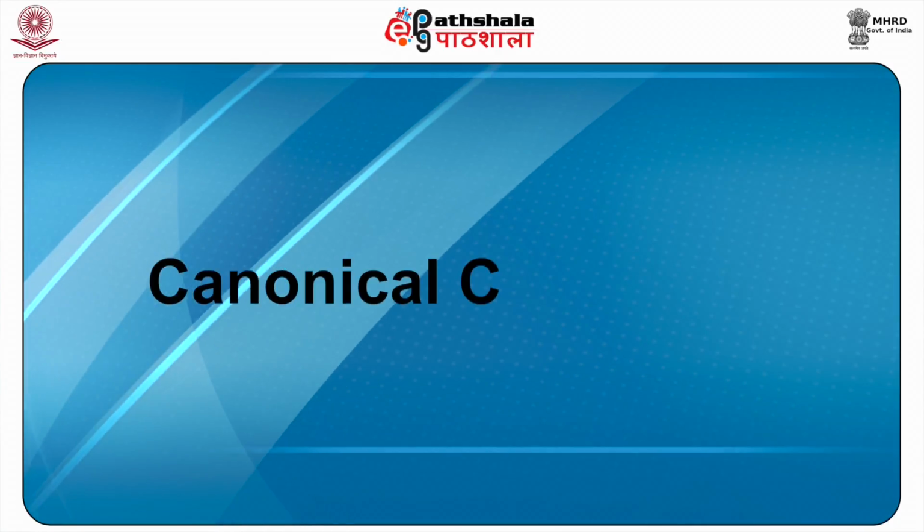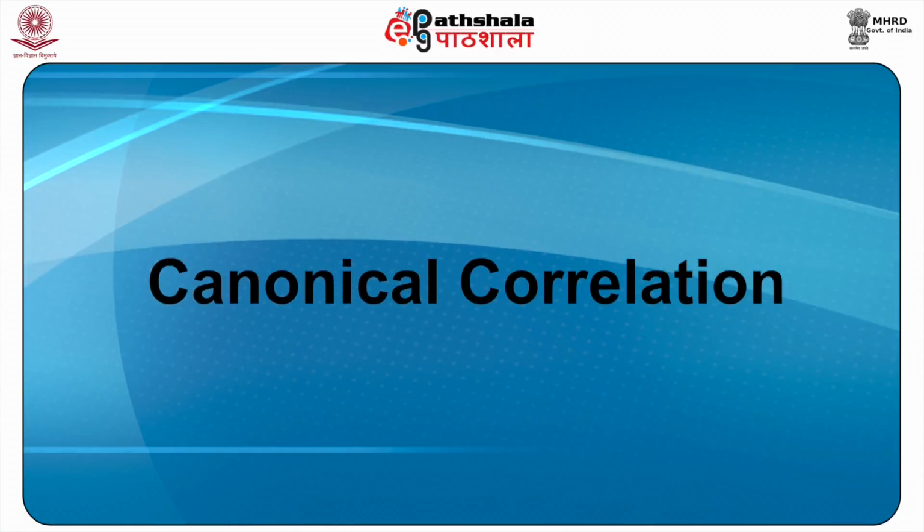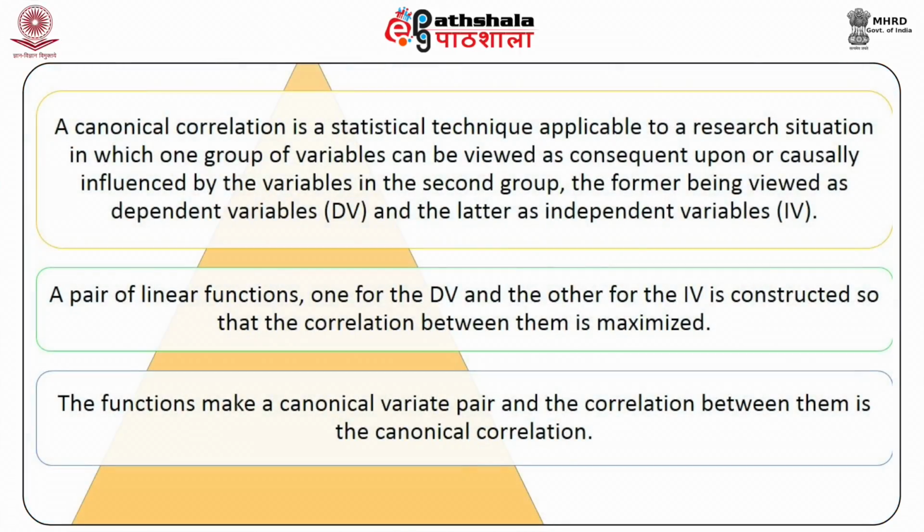We shall look into the canonical correlation, what it is. A canonical correlation is a statistical technique that is applicable to a research situation in which one group of variables can be viewed as consequent upon, or causally influenced by, the variables in the second group. The former being viewed as the dependent variables and the latter as the independent variables.